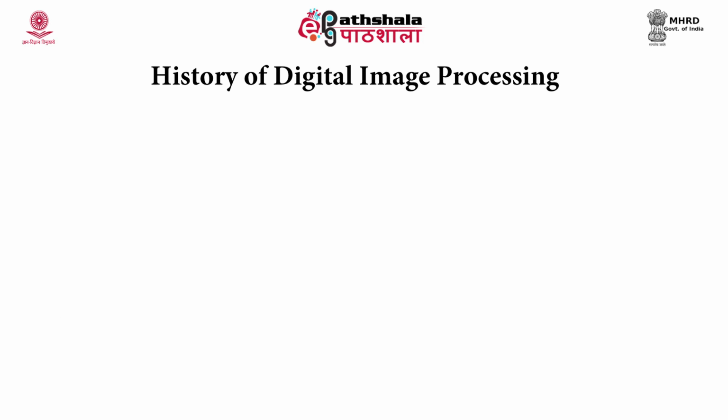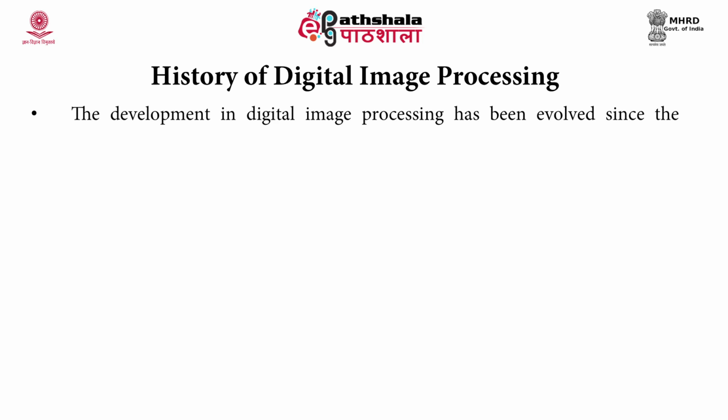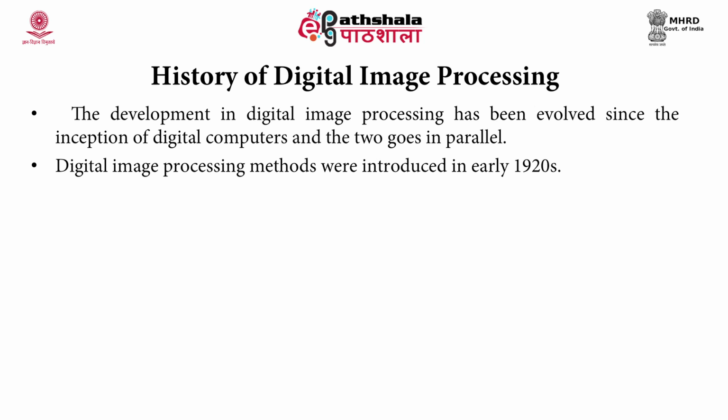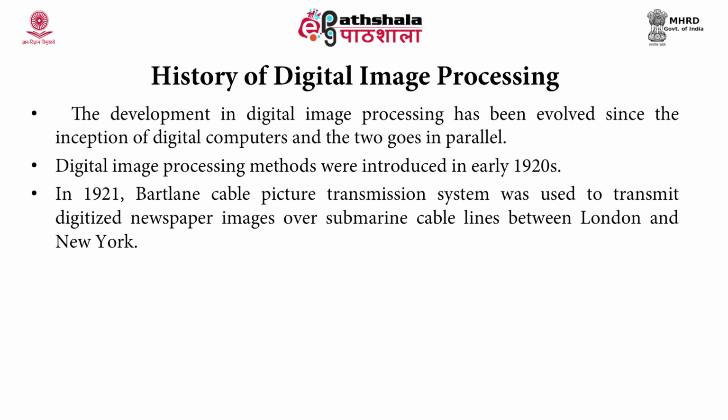Okay, now coming to the history of digital image processing, its development has evolved since the inception of digital computers and the two go in parallel. Digital image processing methods were first introduced in the 1920s. In 1921, the Bartlane cable picture transmission system was used to transmit digitized newspaper images over a submarine cable line between London and New York.